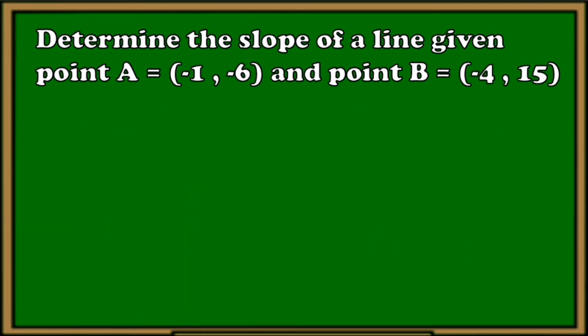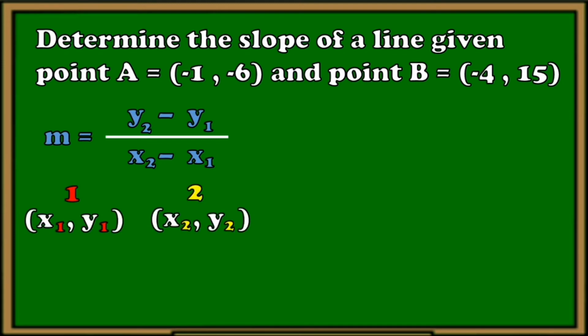Let's try another example. Determine the slope of a line given point A, -1 and -6, and point B, -4, 15. Again, we're going to use the formula and follow the pattern. We're going to put point A under 1. The coordinates are -1 and -6.